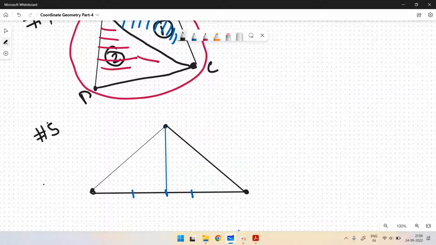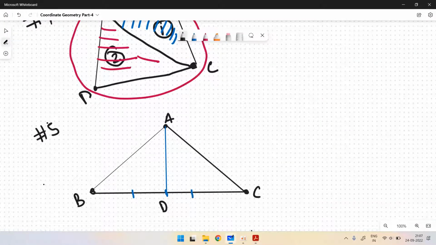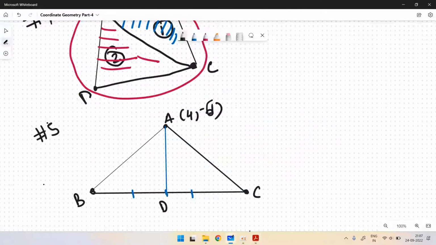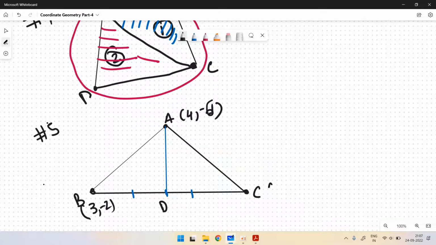Suppose this is ABC, and I'm taking this point as D. It divides BC into two equal parts, BD and DC, which are equal in length. It is already given that A is 4, minus 6, B is 3, minus 2, and C is 5, 2.